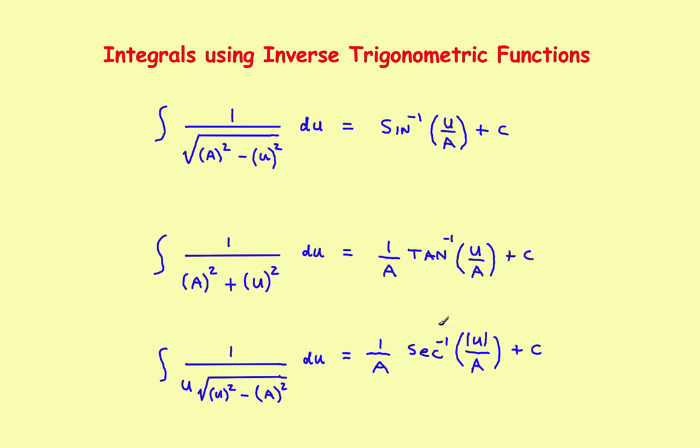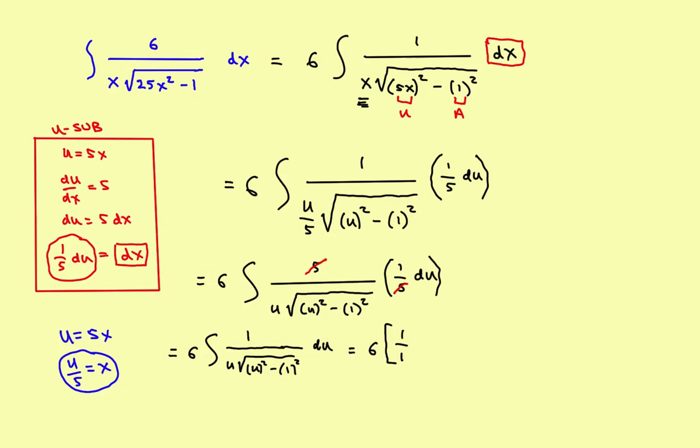Then you've got the inverse secant of the absolute value of u over a. So this will become the inverse secant of the absolute value of u over a, but remember a is 1. And then put a plus c.